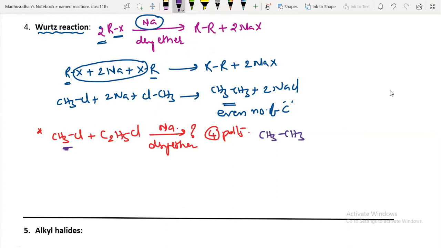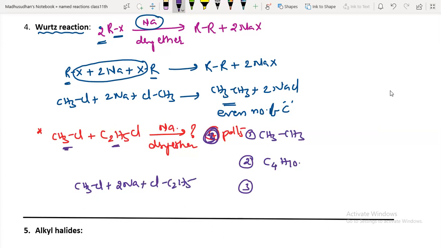CH3-CH3. If the second one alone, the ethyl halide, is involved, you will get C4H10. Okay. How many different products can you expect here? I think only 3. Okay, 3 products you can expect. Sorry. Next, the third one: if both of these are involved, like CH3Cl and sodium, this is C2H5.